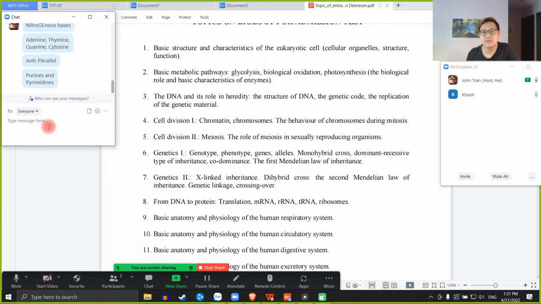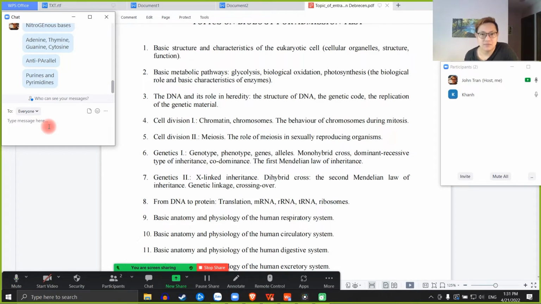Pyrimidines are basically C, U, T. U is for RNA; in the case of RNA, we have U instead of T. Because of the structure of the ring, it forms two or three hydrogen bonds.